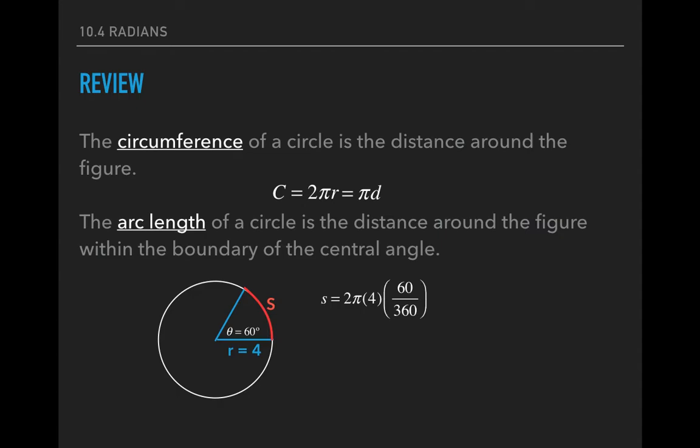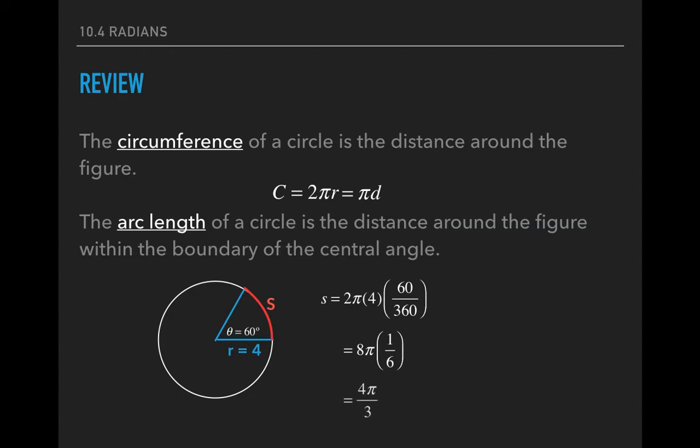That 2 pi 4, that's circumference. R is 4 here. So we can simplify. It would be 8 pi. That's the 2 and the 4 being multiplied. And 60 divided by 360 is really just 1/6. Okay, and we can go a little bit further in our simplification. Both of those are even numbers, 8 and 6.